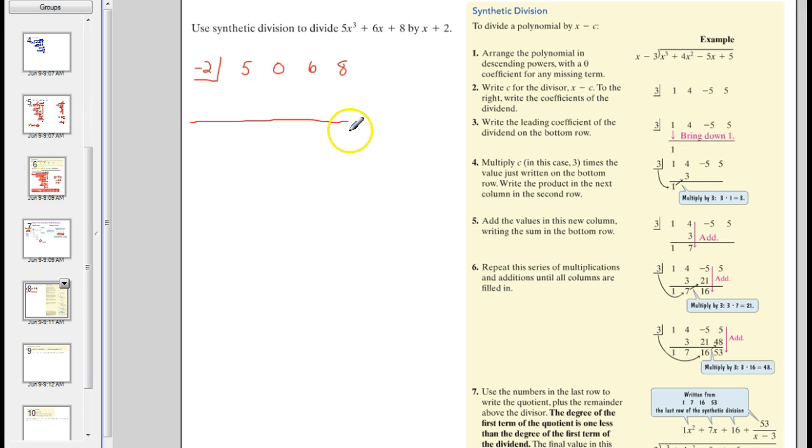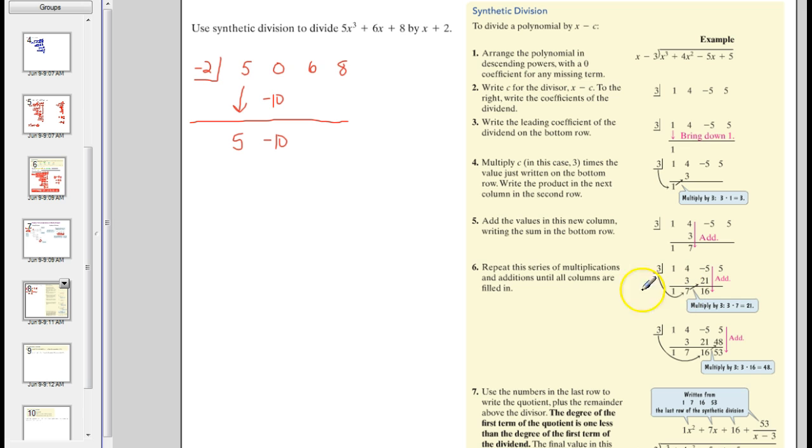The very first thing we always do is bring down the first value. So we're going to bring down the 5. Now we multiply -2 times 5, just like they did here. -2 times 5 is -10. I write that below the next number. Then we add the next two numbers. So I add 0 and -10, I get -10. Same thing, I multiply now by the number that I just brought down.